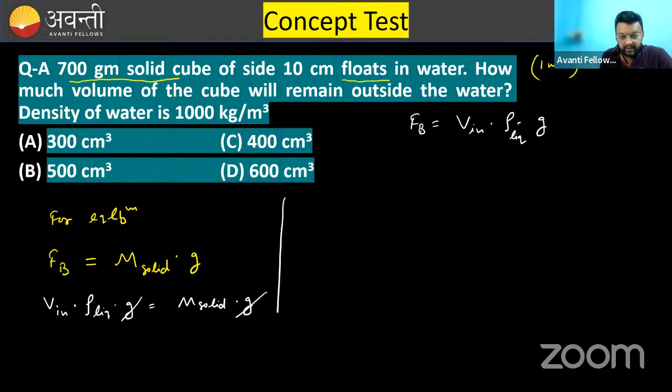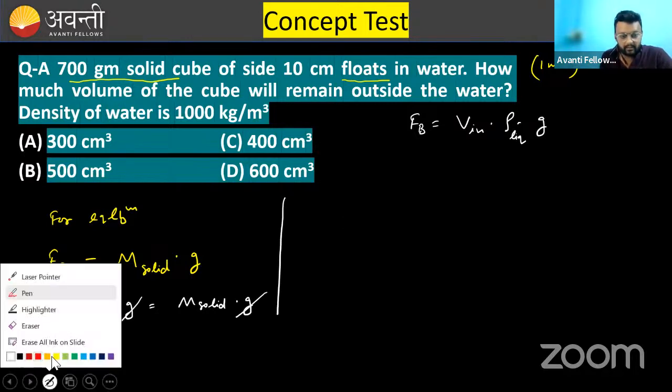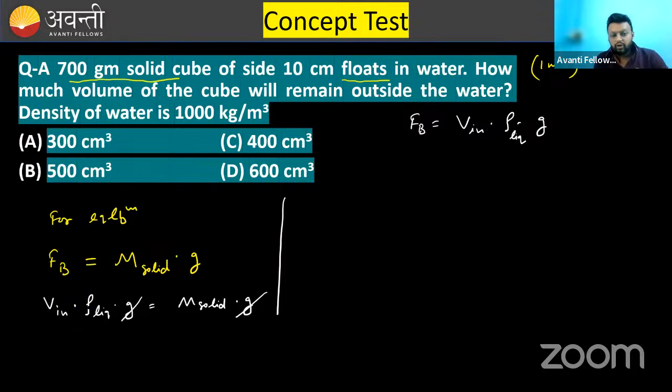So again, if I write volume inside, and they are asking me the volume outside. So there is no problem. We know the total volume, as the side is known. So we know the total volume of the solid.